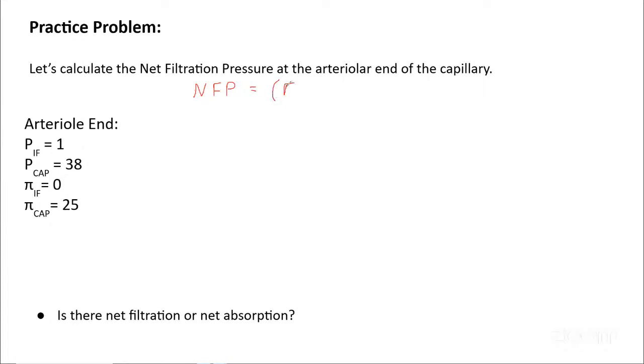Okay, so you're going to add two numbers together here. And then you're going to subtract away any forces for absorption. Okay, so we're going to subtract away quantity. That's all our forces for absorption put together.